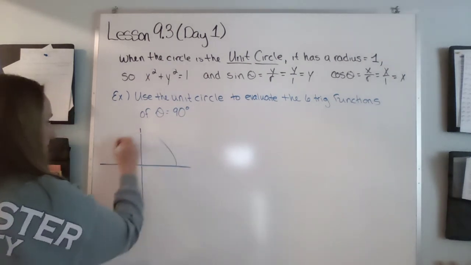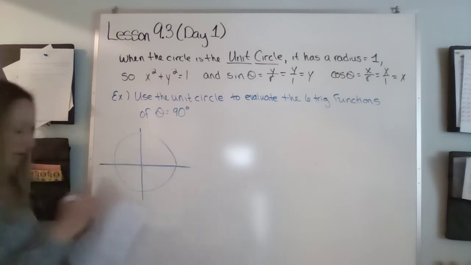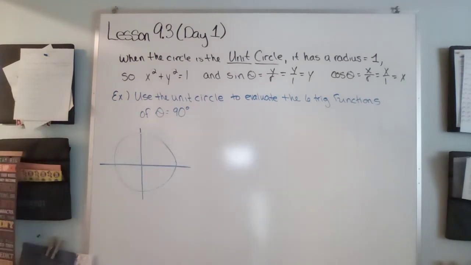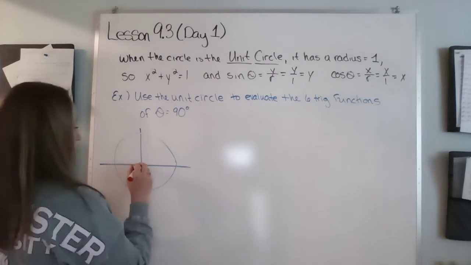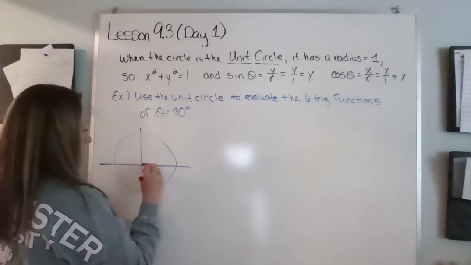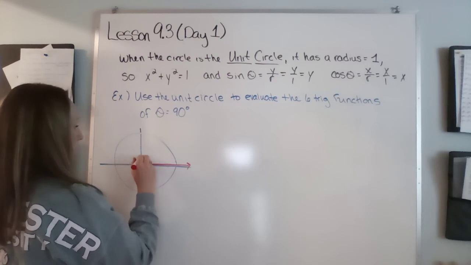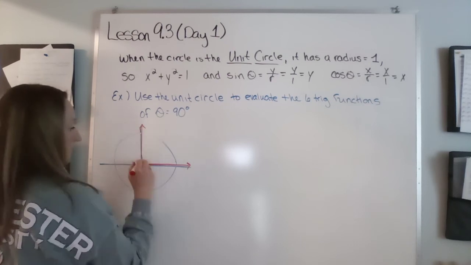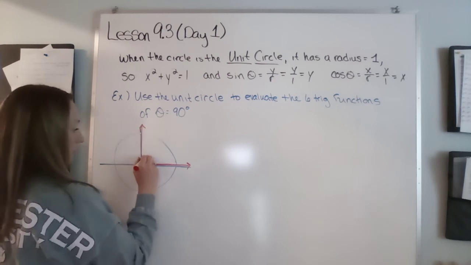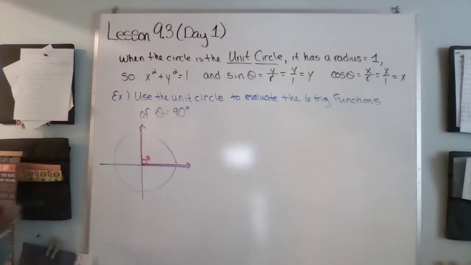Here's my circle. Now it talks about an angle, theta, equaling 90 degrees. So that means I have an initial side on the positive x-axis and a terminal side on the positive y. That creates that 90 degree theta they referred to.